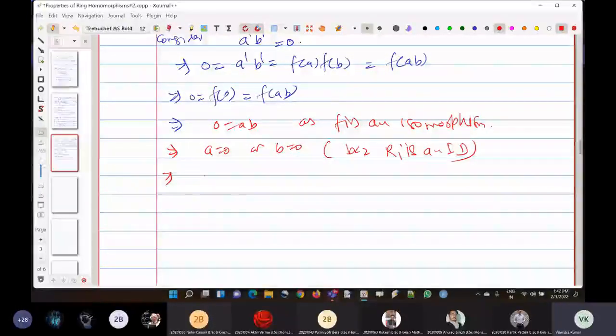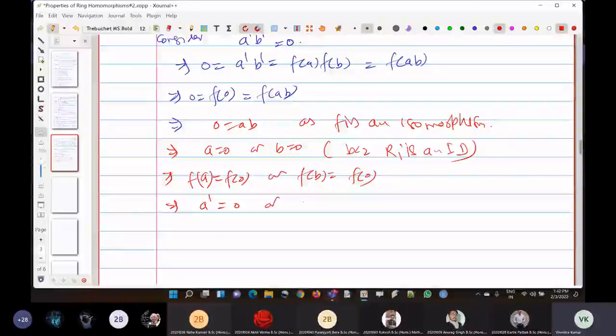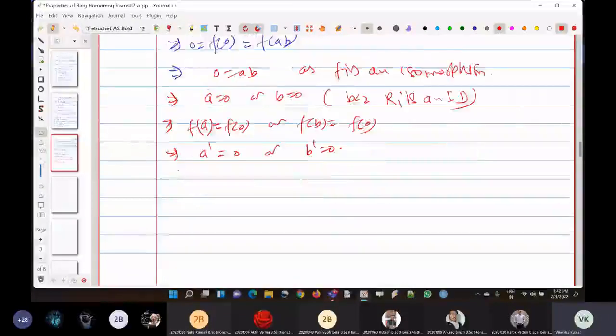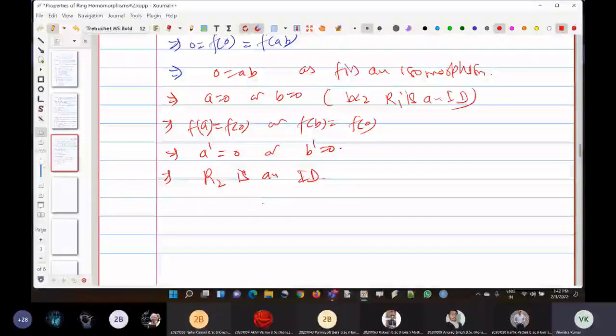So f of A equals f of 0, or f of B equals f of 0. This means f of A, which is A dash, is 0, or B dash is 0. So at least one of them has to be 0. This implies that R2 is an integral domain.